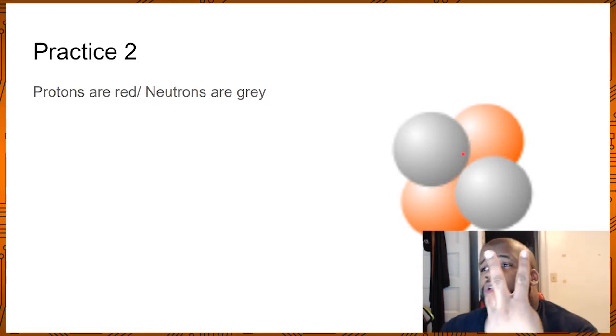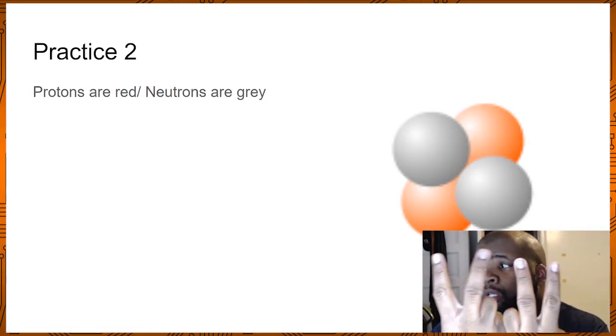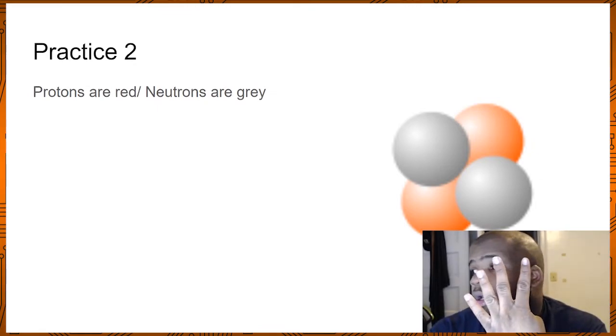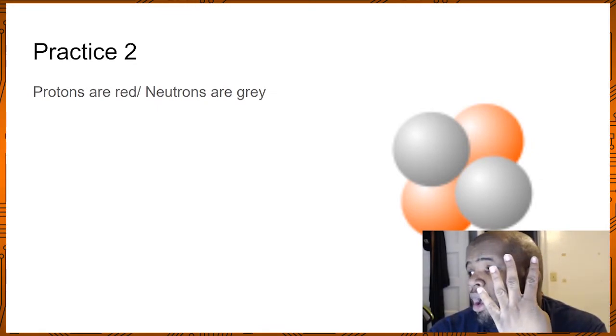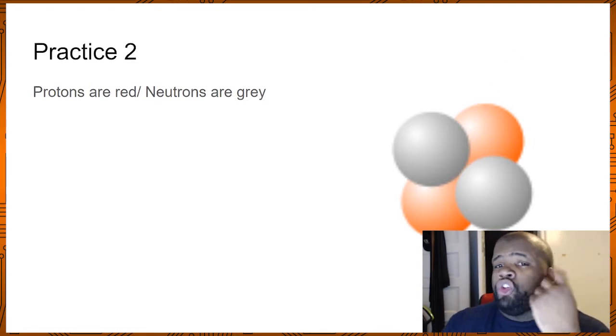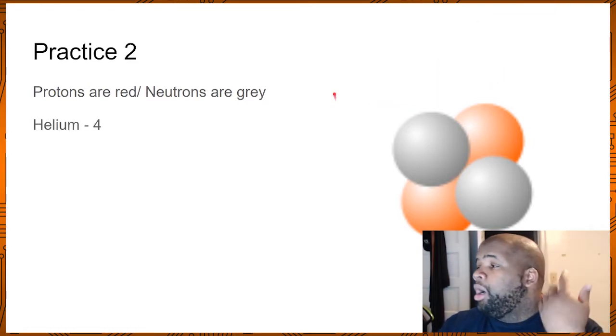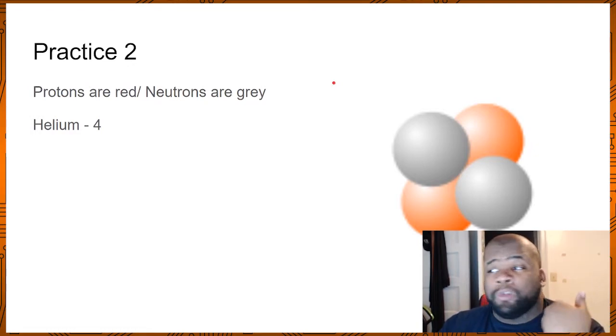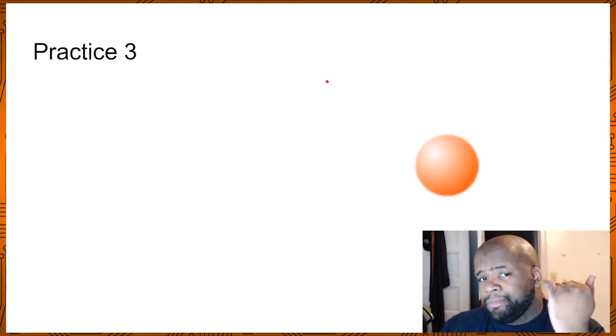Well, we have 2 protons, 2 neutrons. So 2 and 2 is 4. So it's going to be helium-4. I like to think that this is, for the most part, straightforward. So, let's go to the next one.